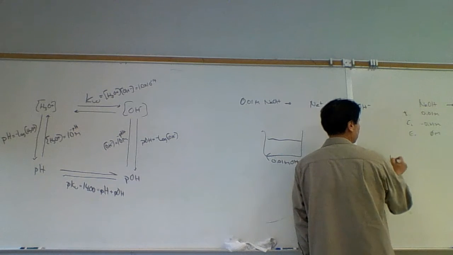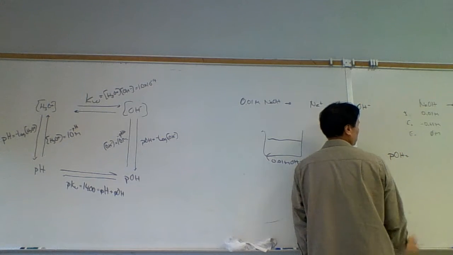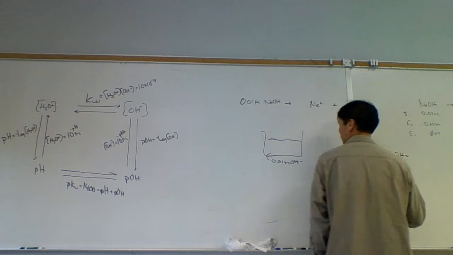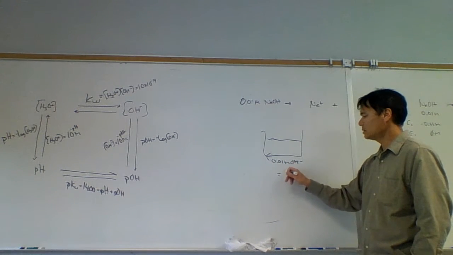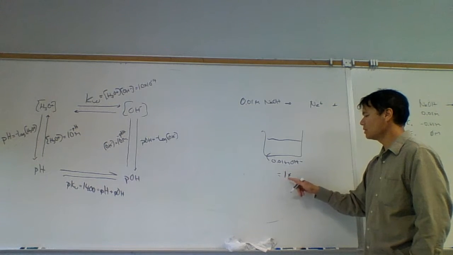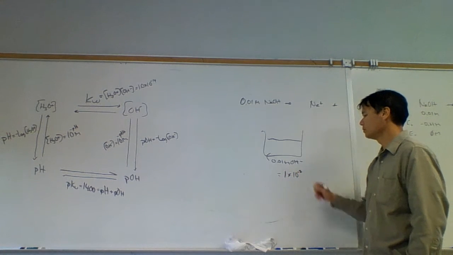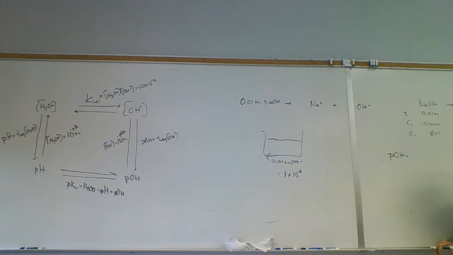So the easiest thing to do is calculate the pOH. The pOH is going to be, what's the power of this? Well, this has 1 sig fig. So we would write this as 1 times 10 to the minus 2. Do you see the power of that? The power of that is 2.0.